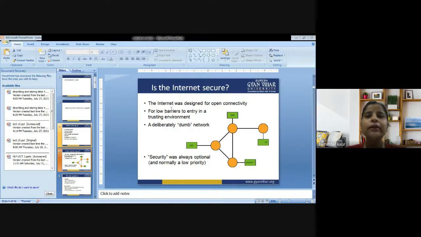So is the internet secure? I don't think the internet is secure, because if it is secure, then why are so many crimes happening? I mean, cyber attacks. Why are we supposed to deal with web security? Why are we supposed to develop very huge algorithms like 128-bit, 512-bit? Because our data is not secure, the internet is not secure.